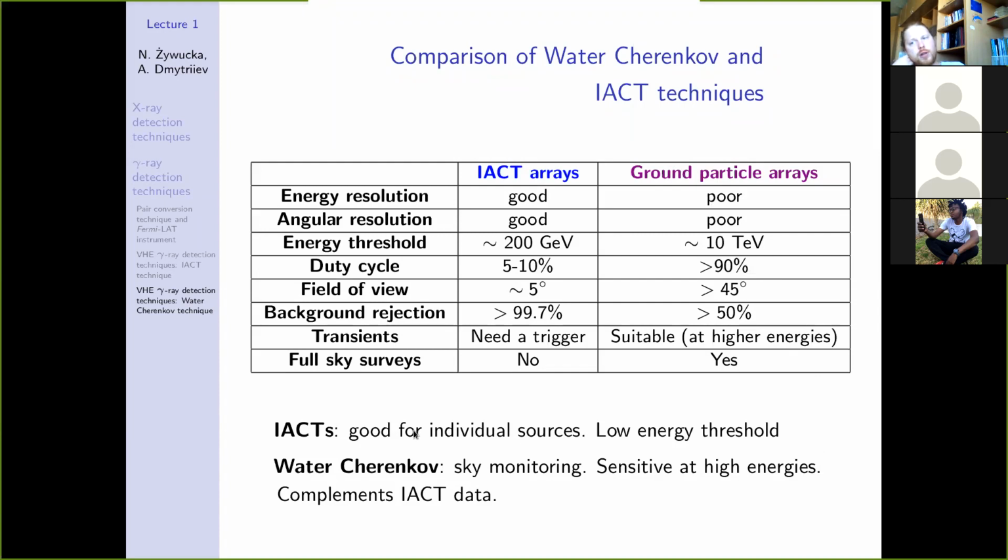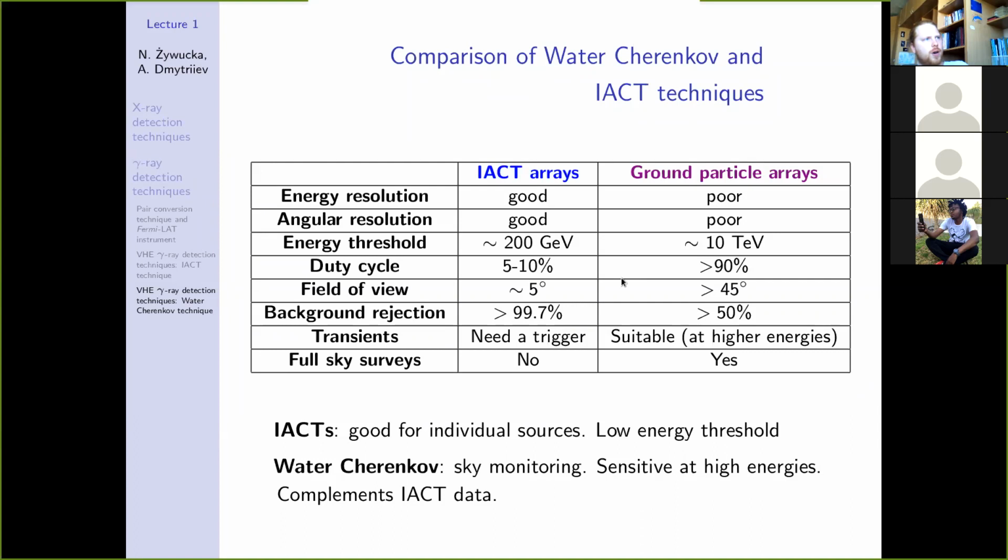So in conclusion, IACTs, Cherenkov telescopes, are good for studying individual sources precisely and accurately. They have a very low energy threshold, so you can observe down to a few hundred GeV. While water Cherenkov detectors like HAWC are best suited for sky monitoring, quickly finding transient phenomena, making full sky surveys, and they're much more sensitive at higher energies.